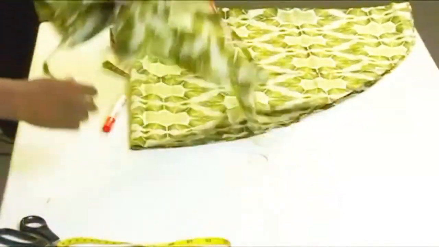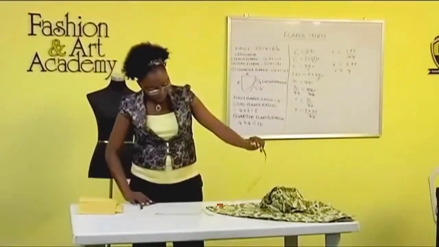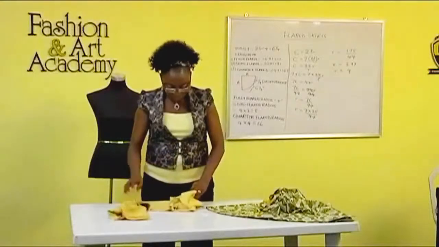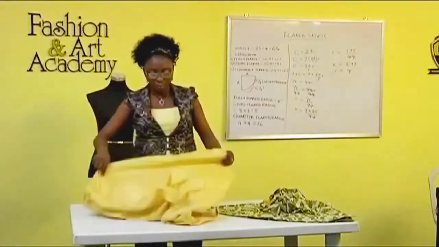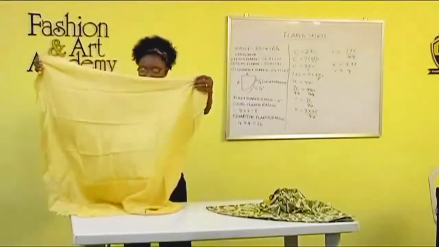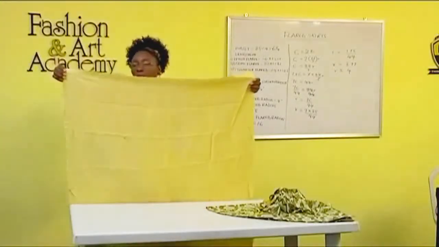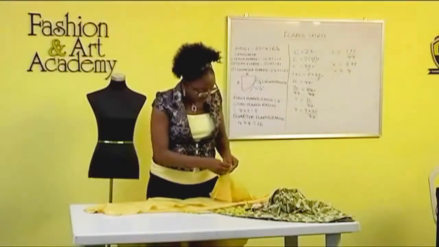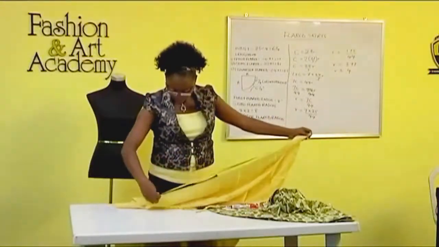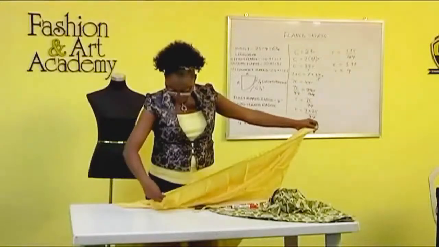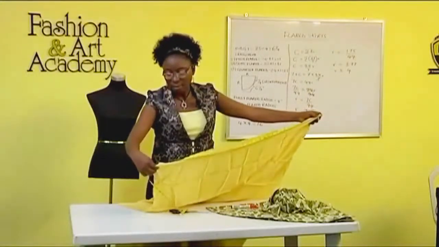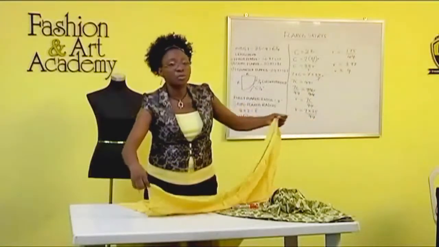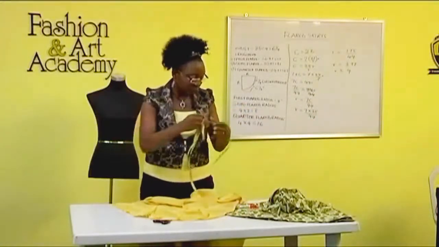I have a lining here that I'm going to use. So I'll just take this. I'll take it and fold it into 4. Let me see if I have enough length there. This is a little less, but since we're still going to subtract, it doesn't really matter.